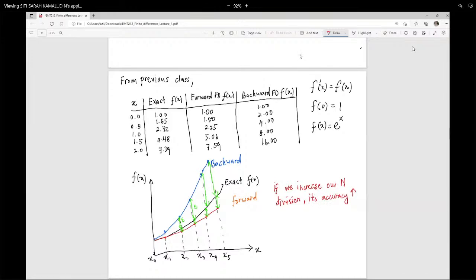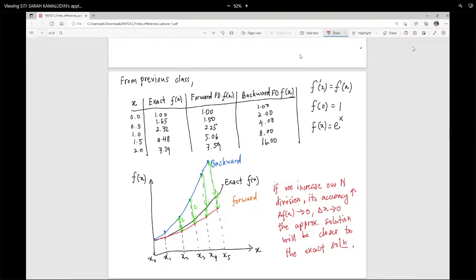Meaning that our delta fx is approaching 0 and also delta x is approaching 0. The approximate solution will be closer to the exact solutions. Right.